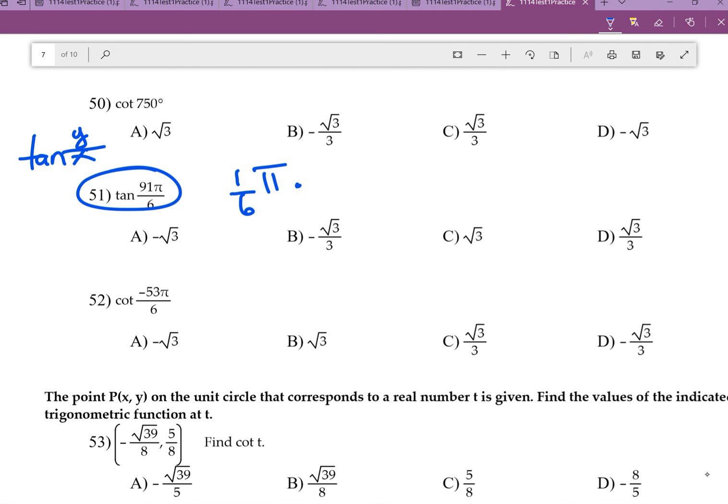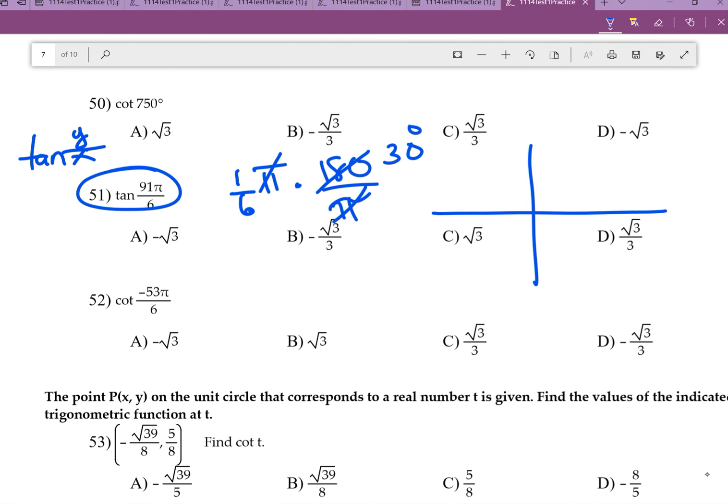So if I transform this, and this is how I would do it, you do it however makes you happy. The pi's cancel, 6 goes into 180 30 times, or 30 degrees. So what I really have here is tan of 30 degrees, and so if I think of this in terms of this being 30, this is 90, this is 60, again, this is 2, this is square root of 3, this is 1, and tan of 30 degrees, which is over here, opposite over adjacent, so 1 over square root of 3, but we don't like that.